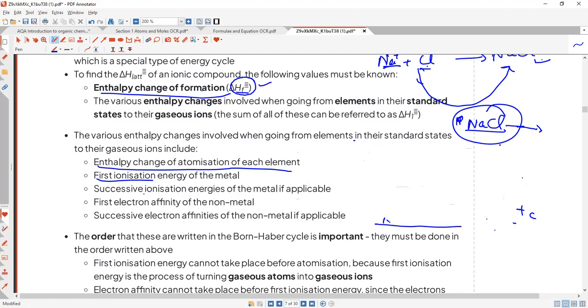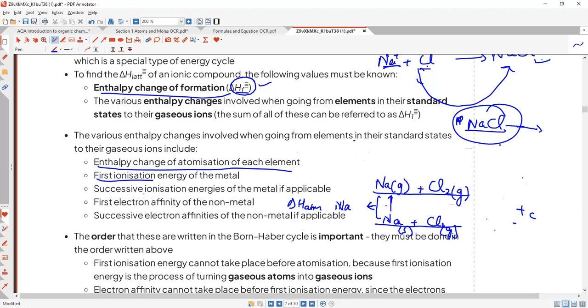First of all, you will take sodium and chlorine in their standard states, and then you want to convert them into gaseous state. For sodium, you will solve one by one. First, sodium is converting into gaseous state, and write chlorine as it is. Now this is the enthalpy of atomization of sodium, only sodium, because obviously we are not changing chlorine.